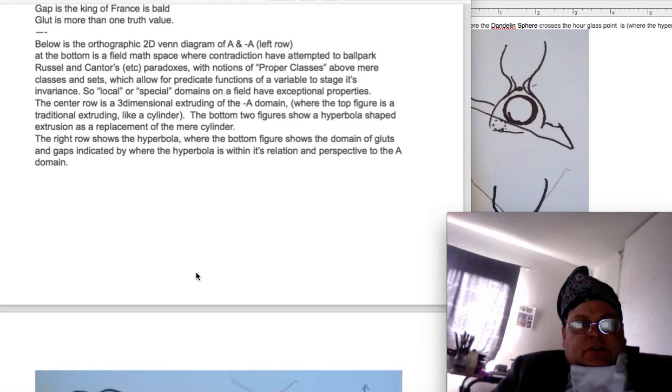Below is the orthographic 2D Venn diagram of A and not A, left row. At the bottom is a filled math space where contradiction have attempted to ballpark Russell's and Cantor's paradoxes with notions of proper classes, above mere classes and sets, which allow for predicate functions of a variable to stage its invariance so local or special domains on a field have exceptional properties.